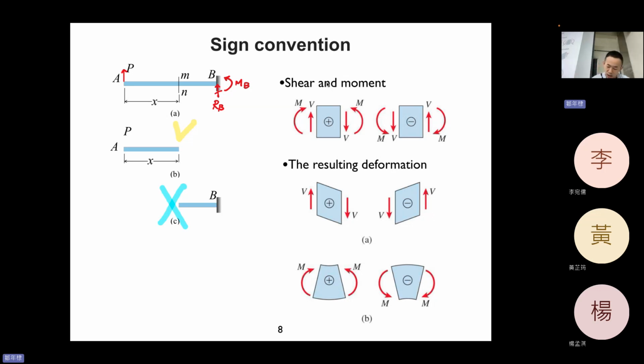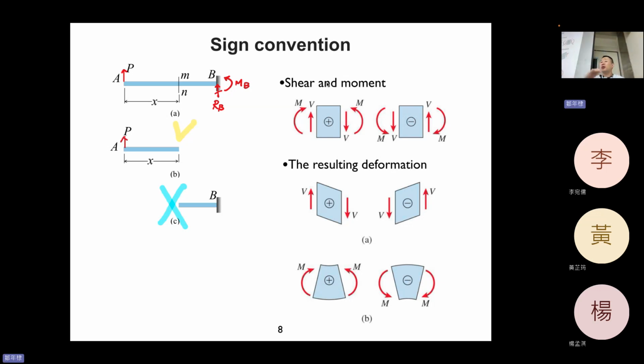So now I cut it and leave the left-hand side. All the shear force diagrams and moment diagrams we plot later are based on the part we leave on the left-hand side. Be careful.